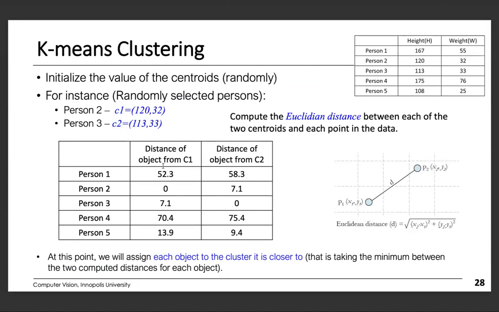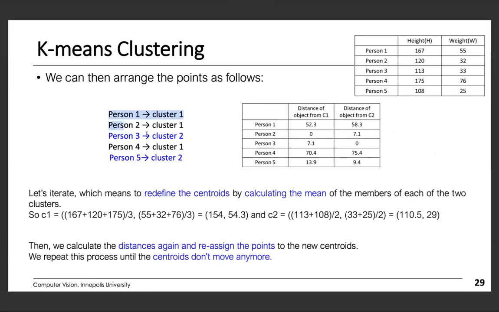So as we have said, we will calculate the new cluster center, or centroid 1 and centroid 2, based on the objects that belong to them, right? So as we said, this is how we were going to cluster them. And from here, we will create the new centroid 1, which is equal to 167 plus 120 plus this one, divided by 3.